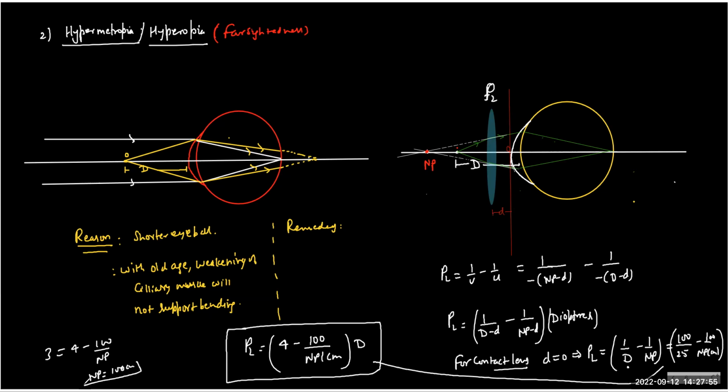So he can only see if the object is at least 100 and beyond without glasses. Understood? So he can drive a car on an empty highway, but it's not good to drive in a city. In the city we have bumper to bumper traffic.